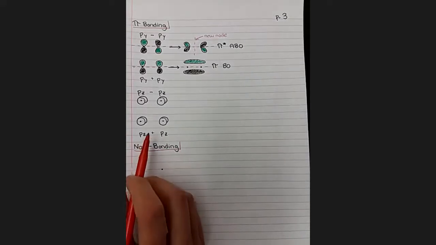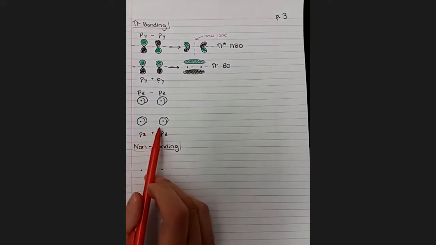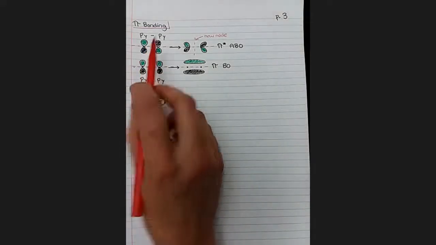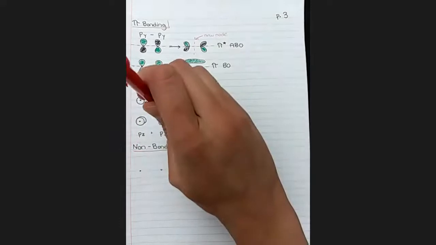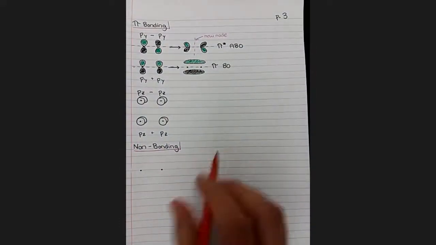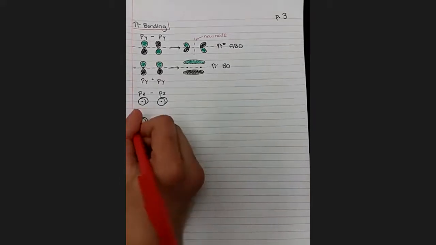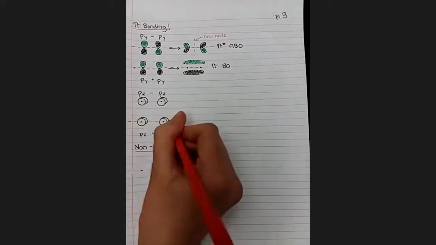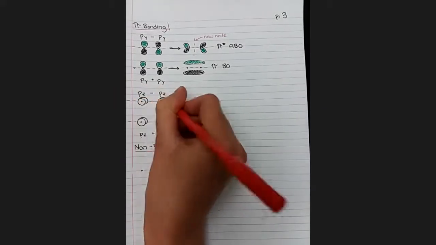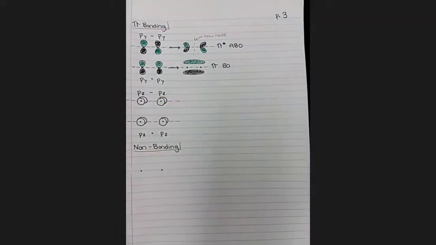So for pz orbitals, remember, even though they look weird in the way that I've drawn them on their side, they are still the same shape as py. They have just been turned 90 degrees, and they're coming towards you, coming towards the camera like that. So they still have a node along the internuclear axis. It's just a little harder to draw now, but it's still there.